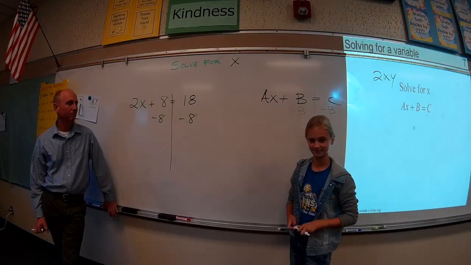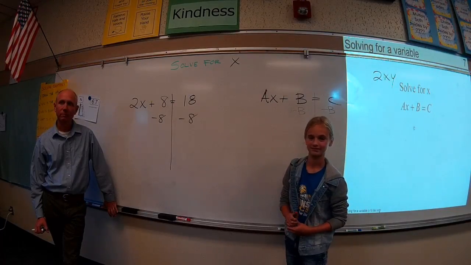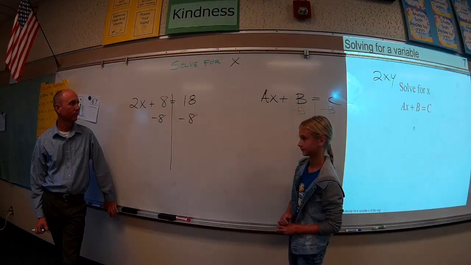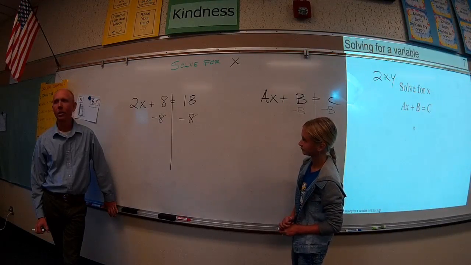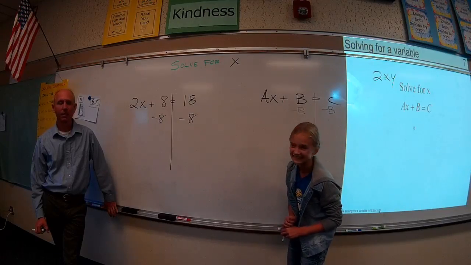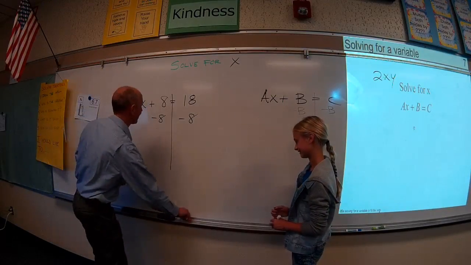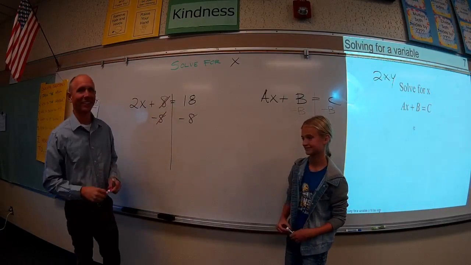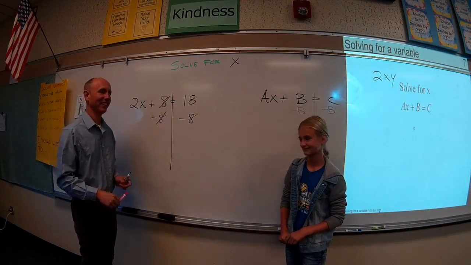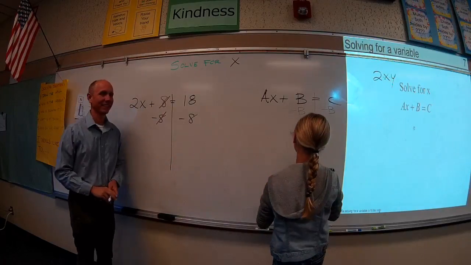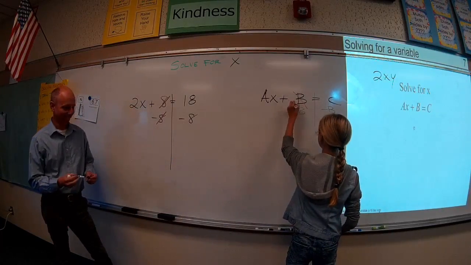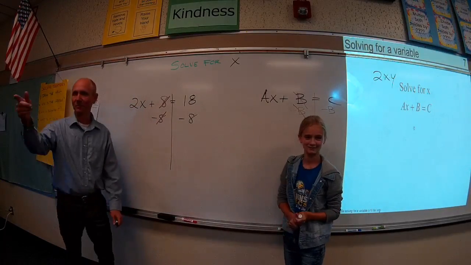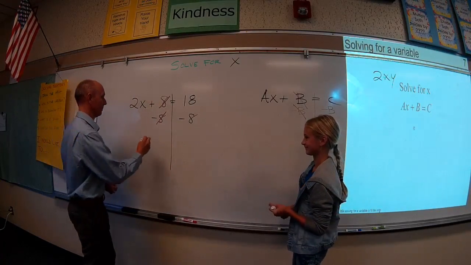Now we have 2x is equal to 10. You gotta use the red marker of death and destruction to cross out the b. Alright, now it's 2x is equal to 10.